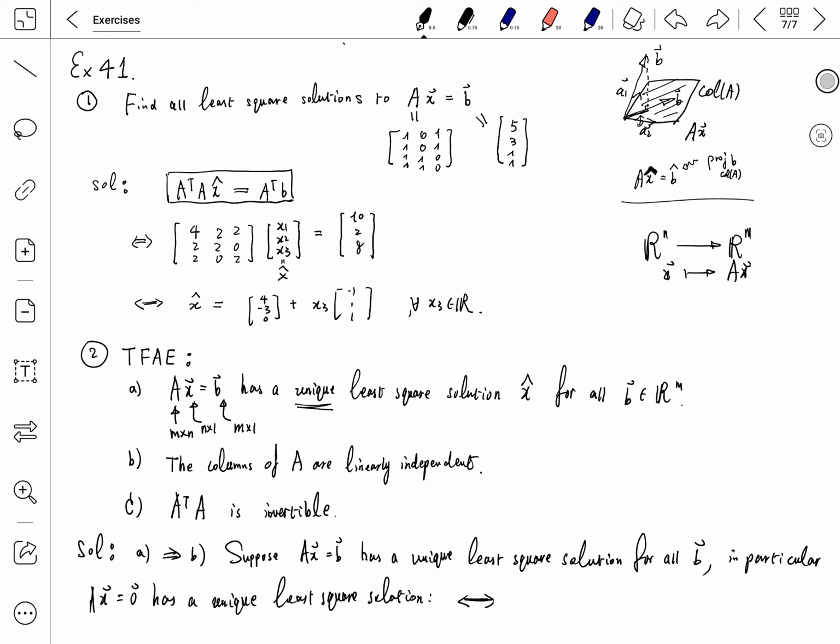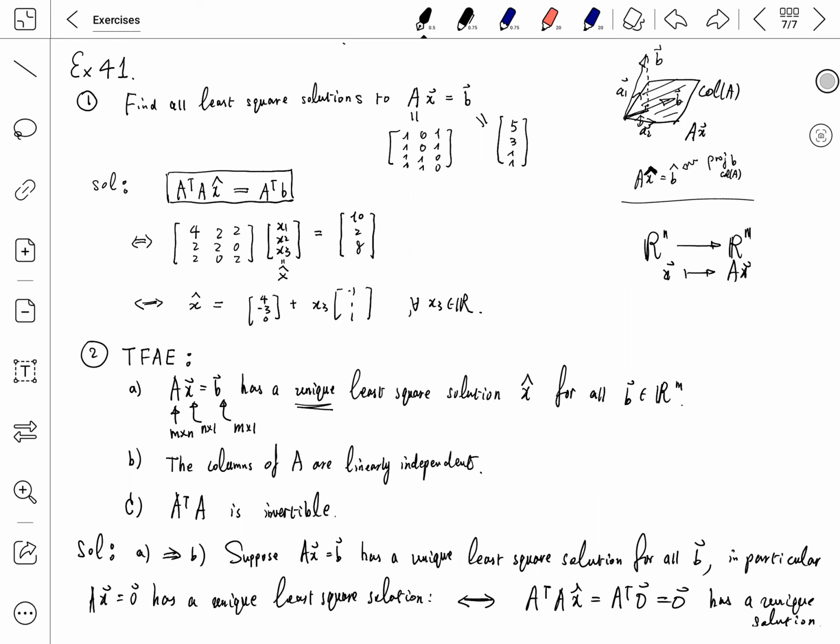This is equivalent to saying ATA x hat equals AT 0 has a unique solution, right? But notice that x hat equals 0 is a solution.